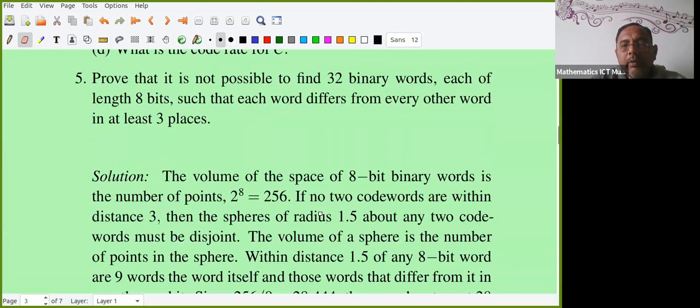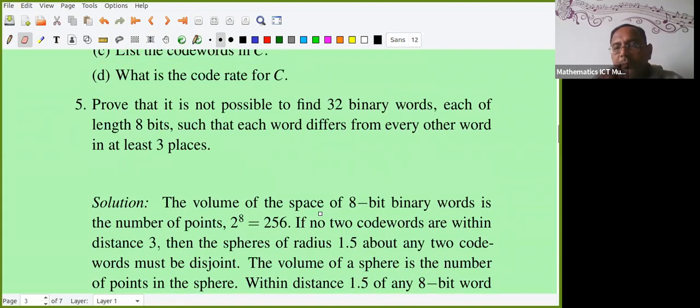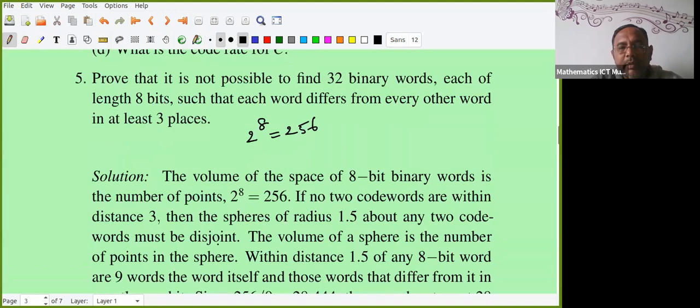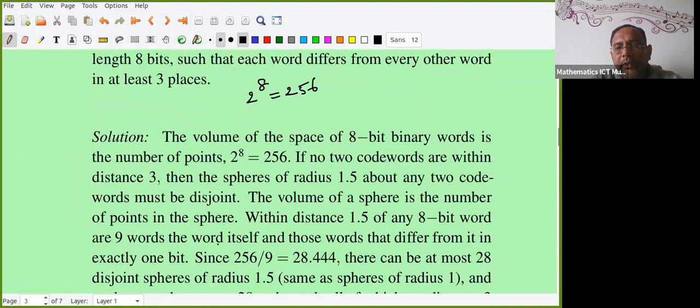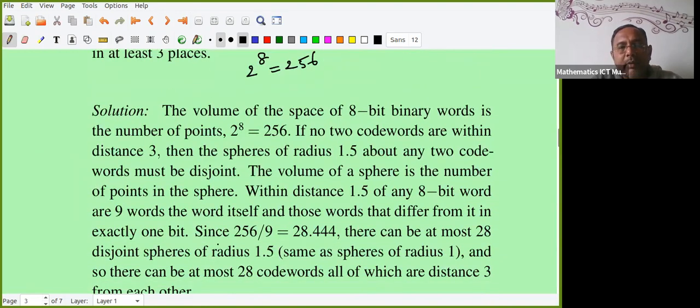Now, 8-bit words: total how many words will be there with 8 bits? 2 power 8, which is 256. Now, if no two code words are within distance 3, then the spheres of radius 1.5 about any two code words must be disjoint. The volume of the sphere is the number of points in the sphere within distance 1.5: any 8-bit code word plus 8 words that differ from it in exactly 1 bit, so 9 words.